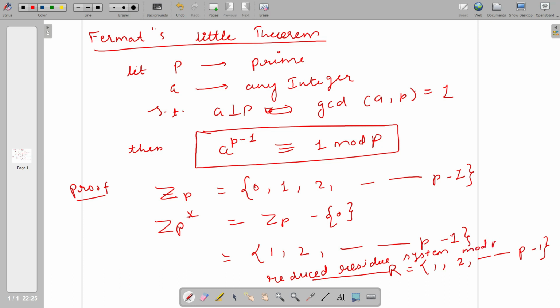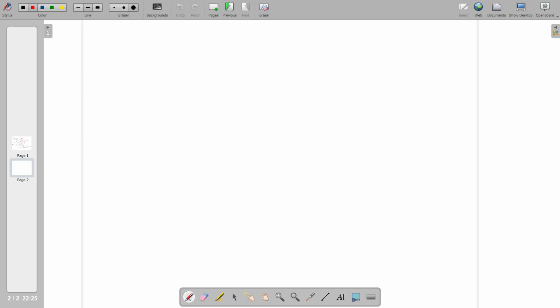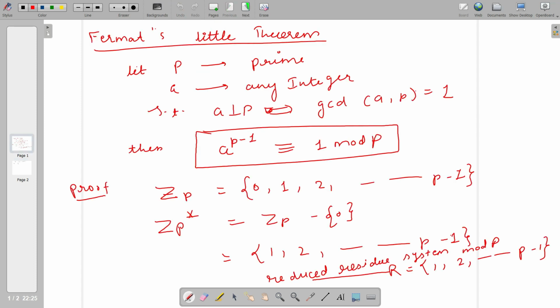So we can write it like this. Since P is a prime number, A times capital R will be the set of A r, where r belongs to capital R. Zero we have removed from here, so R is 1, 2 up to P minus 1.